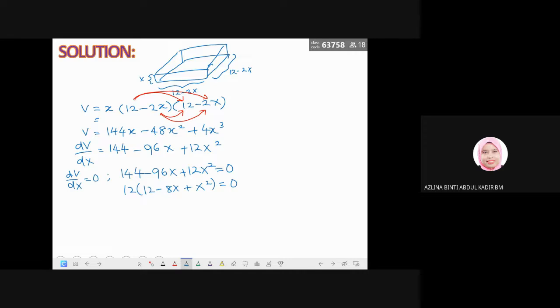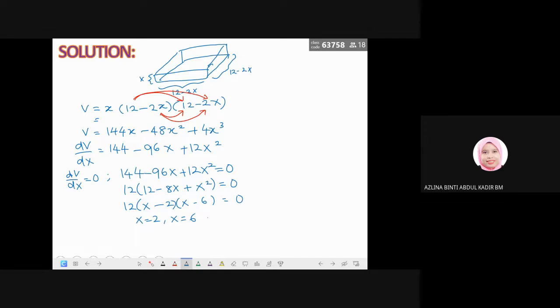12 times X squared... Okay, and then you factorize. So we get, quickly use the calculator. Correct. We get two values of X: X is equal to 2 or X is equal to 6.